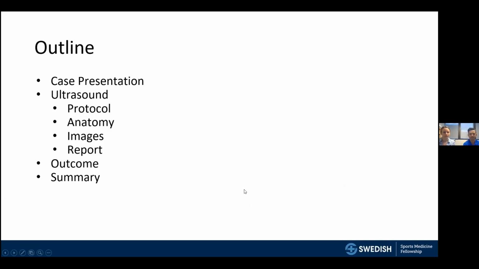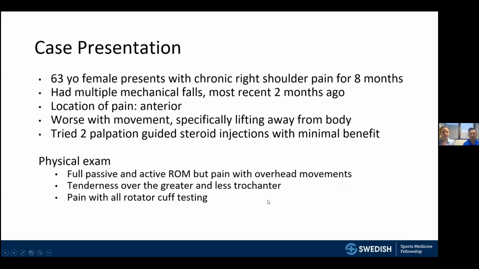So we have a 63-year-old female that presents with chronic right shoulder pain for about 8 months. She states that she has poor balance, and so she has fallen multiple times within that time frame. Her most recent fall was about 2 months ago.